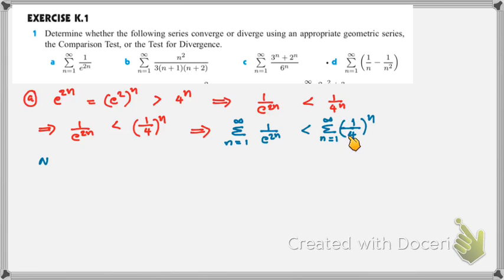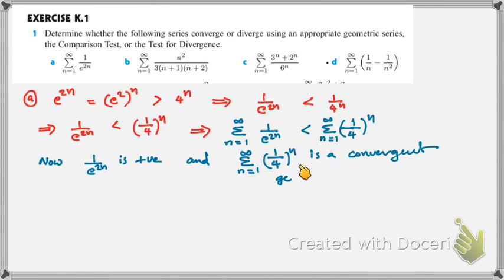But this series is convergent. This is a geometric series with common ratio less than 1, and so it is convergent. Modulus of r is less than 1; the common ratio is 1 by 4.